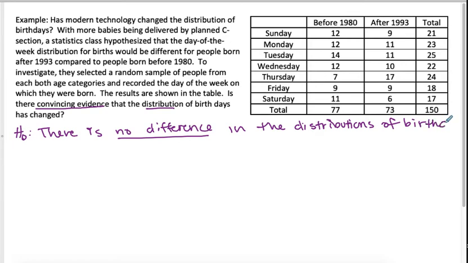And alternatively, we suspect that maybe the 2 years, this is where they were developing the C-section, and this is after it was considered a very safe practice. So now we're going to say there is convincing evidence, or there is a difference in the distribution of birthdays.